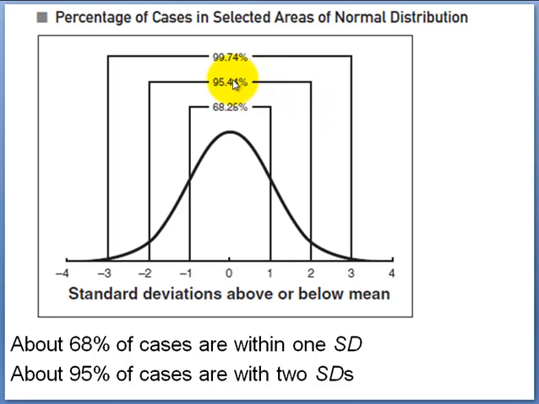About 95% of cases are in this range. So this area that I'm showing you with my cursor here, from -2 to +2 standard deviations, comprises about 95% of the area of the normal curve.